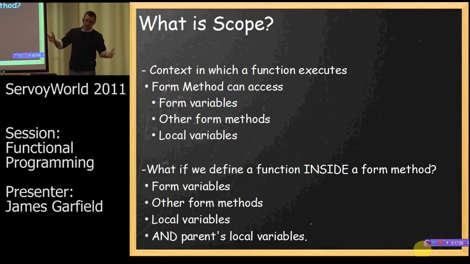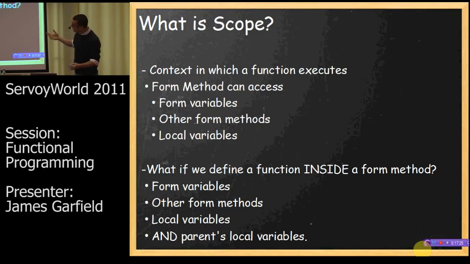It follows. What's interesting is, much like if you call a form method from outside that form, from another form or from the global scope, it makes sense that that can now access all the form stuff.